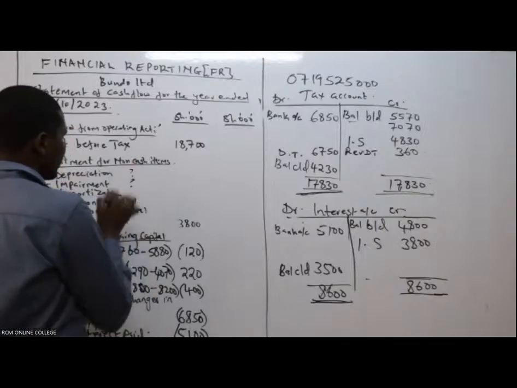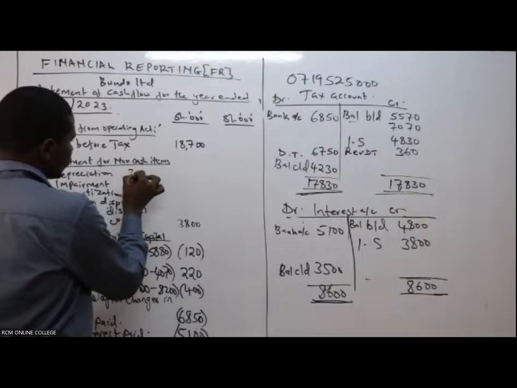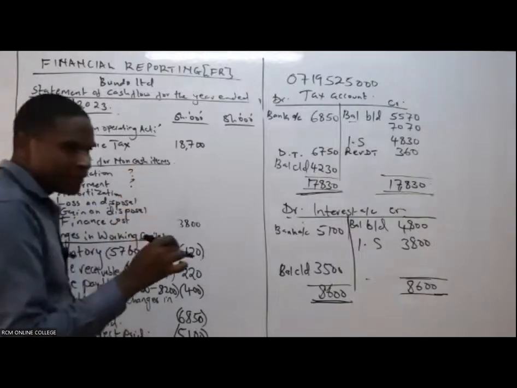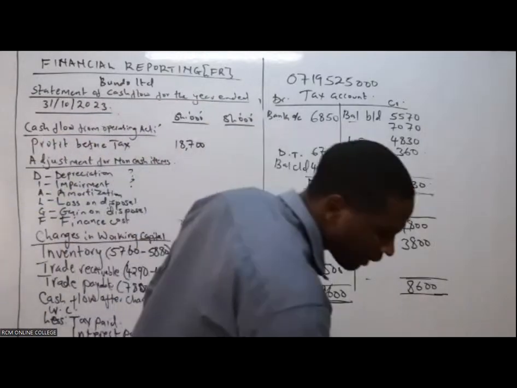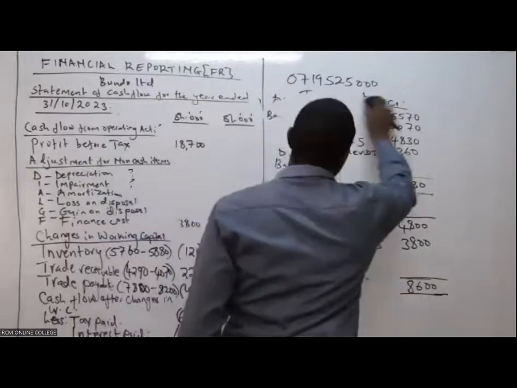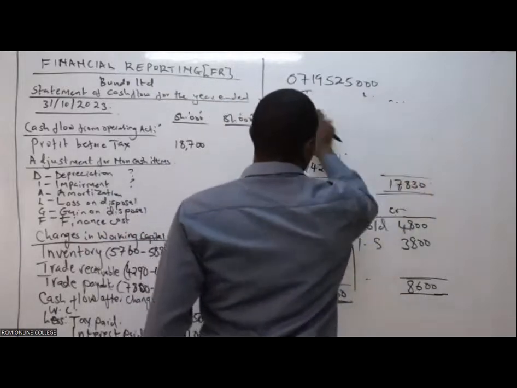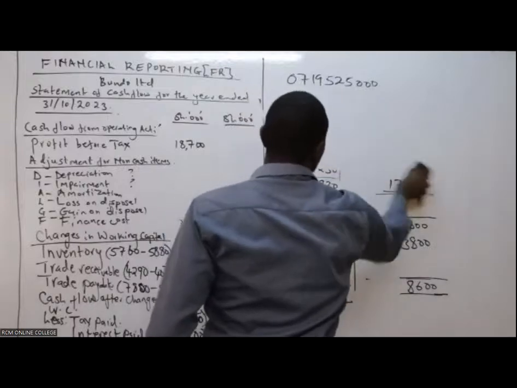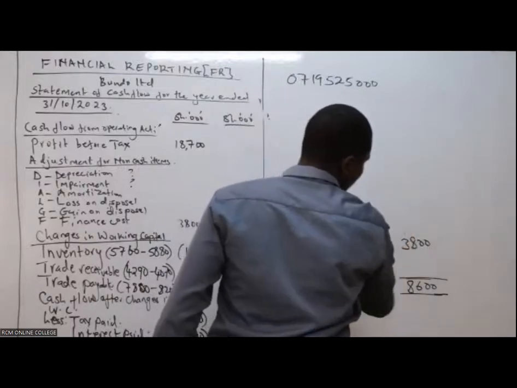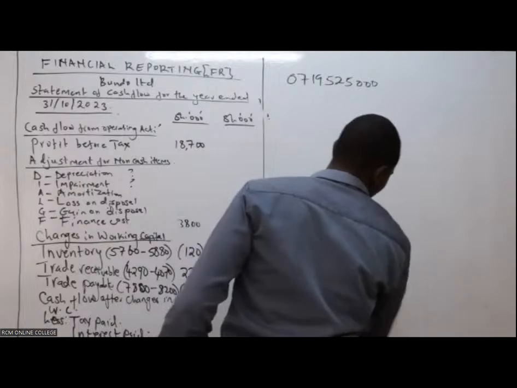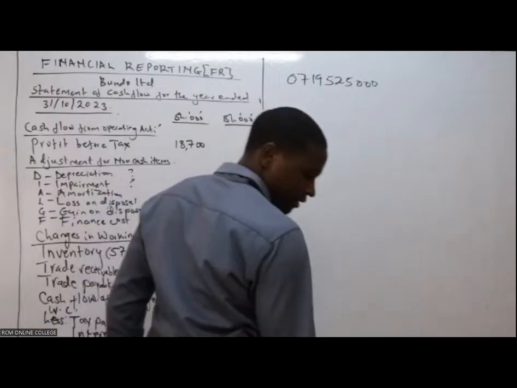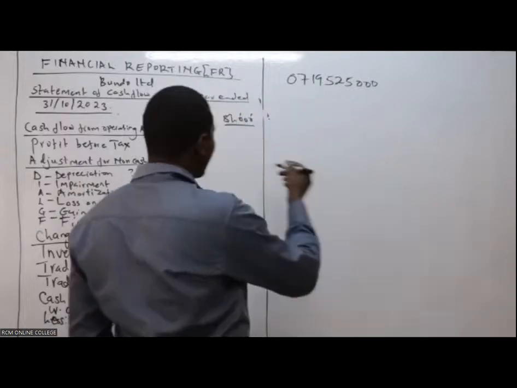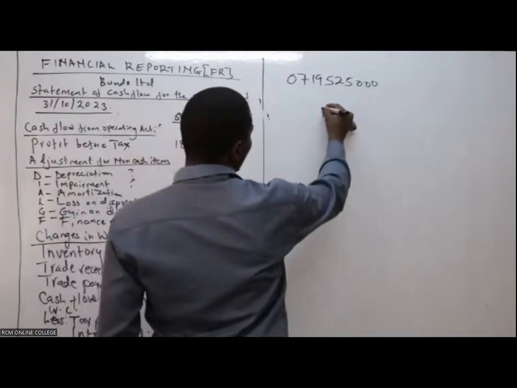We can get impairment. Once you go and attempt to get the two, go and create the PPE account, or draw the PPE account. It's easy. And then try to get the depreciation on the PPE account.